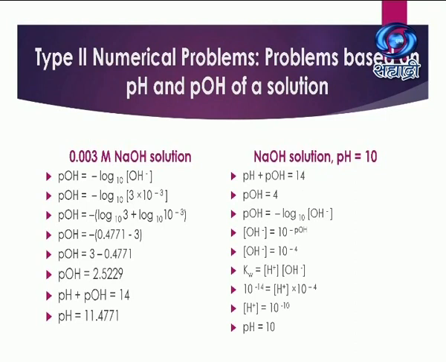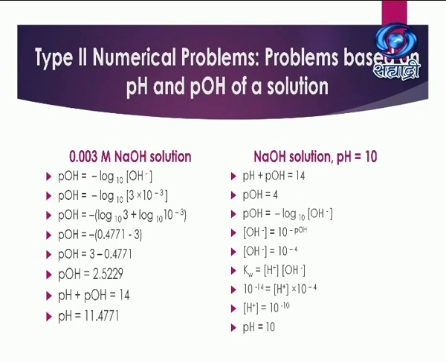Let's consider the case of a base now. Suppose 0.003 molar NaOH solution is given and you are asked to calculate pH. Remember, pH and pOH are the two sides of a coin.